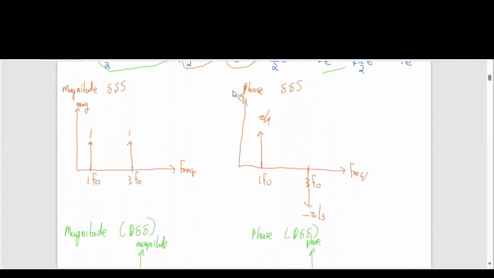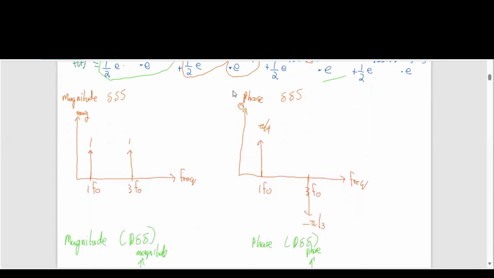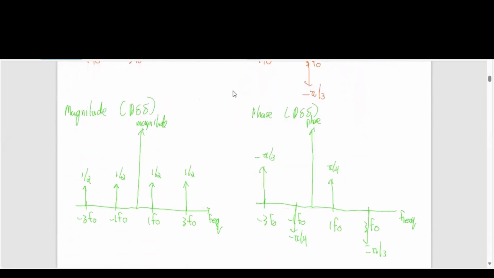Something cool to remember. If you have the single-sided spectrum and you want to get the double-sided, watch the trick. For the single-sided, if you want to go to the double, it's just going to be half of what it was, and you just mirror it onto the other side. Same harmonics. So if you want to go from the single-sided to the double-sided with the magnitudes, you halve all the magnitudes and you mirror it on the y-axis.